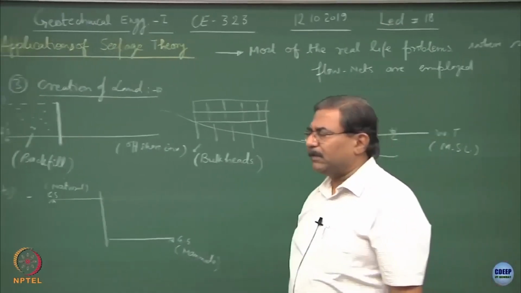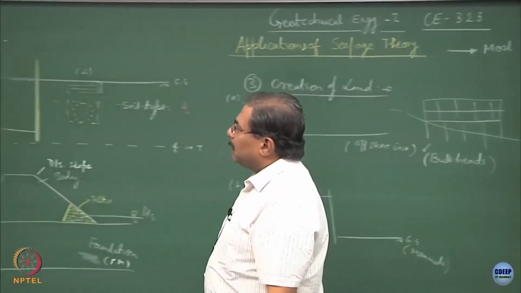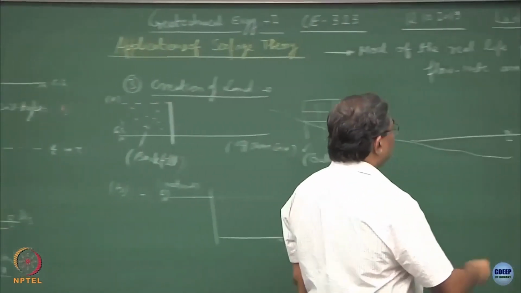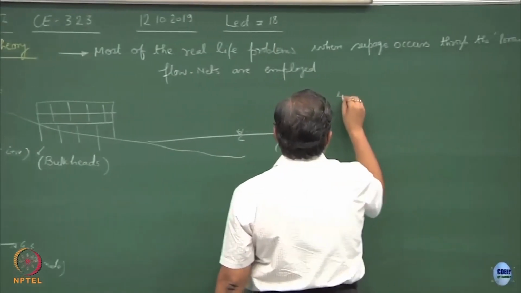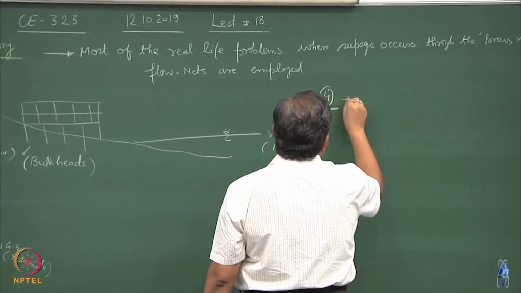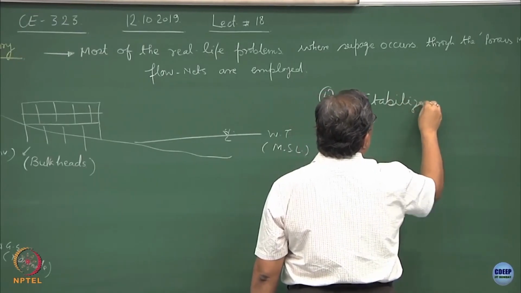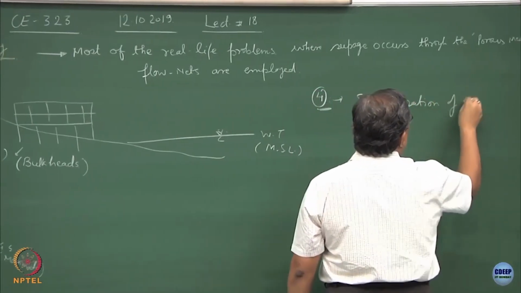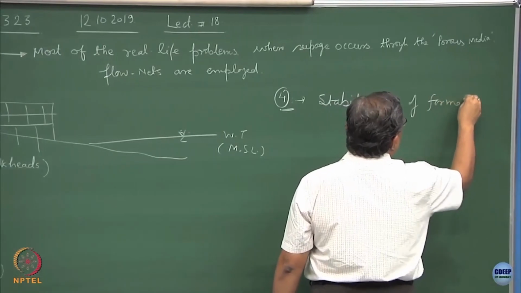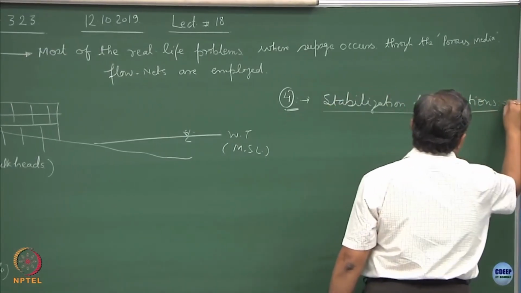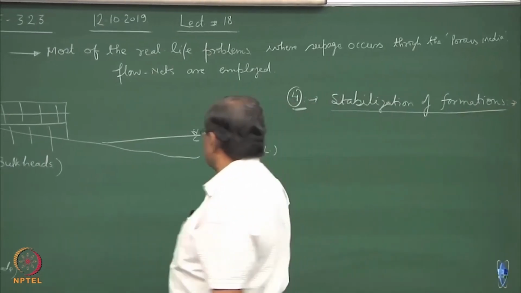Another interesting problem which I am doing in the Rajasthan deserts is that it is very difficult to retain the dunes, is it not? So, suppose you want stabilization of formations. Now, these formations are natural formations.